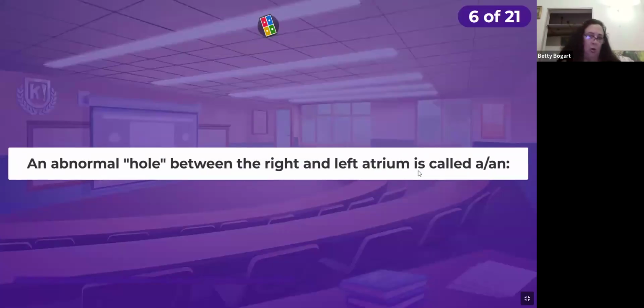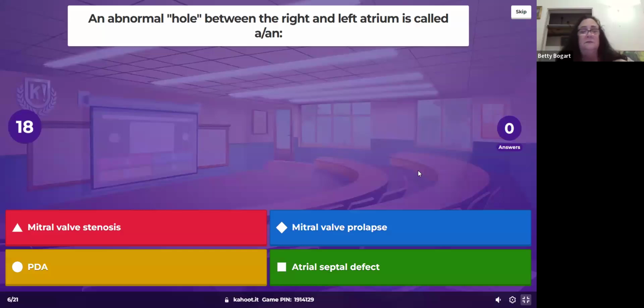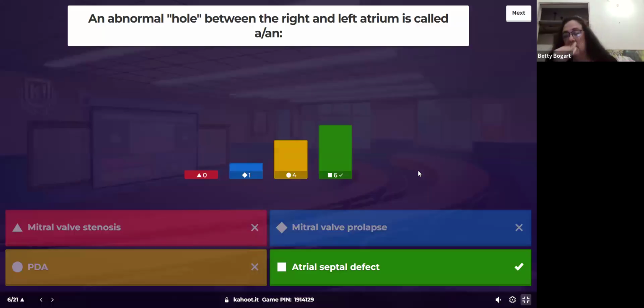An abnormal hole between the right and left atrium is called what? So in between the right and left side of the heart is a septum.